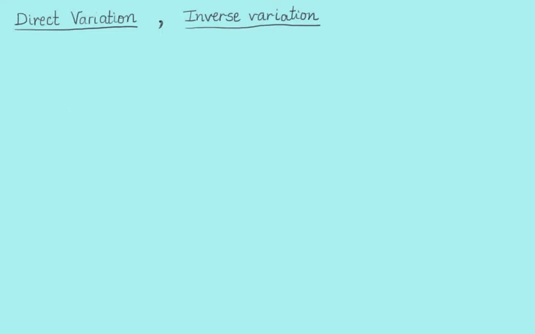Let's compare direct variation to inverse variation. What is the difference between the two? What are the similarities? When two things are varying directly, let's take x and y, and say x goes up, then if y also goes up, it is direct variation.